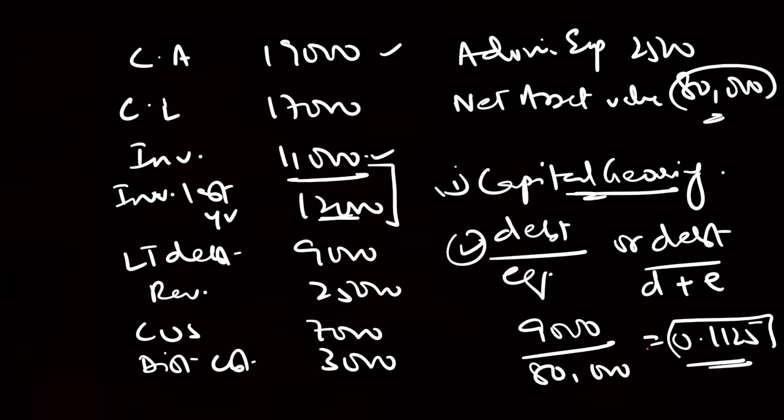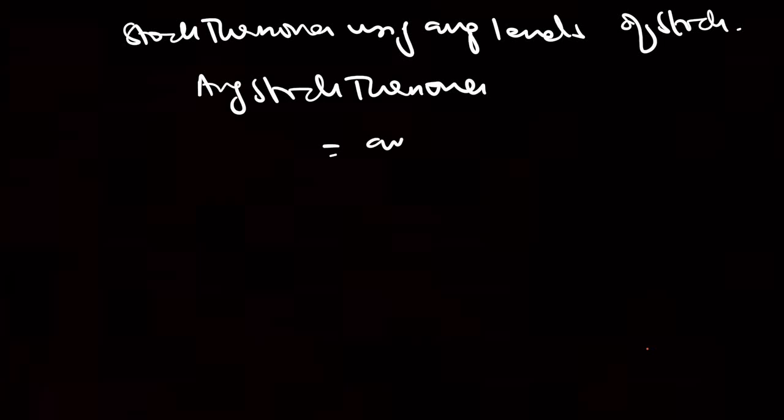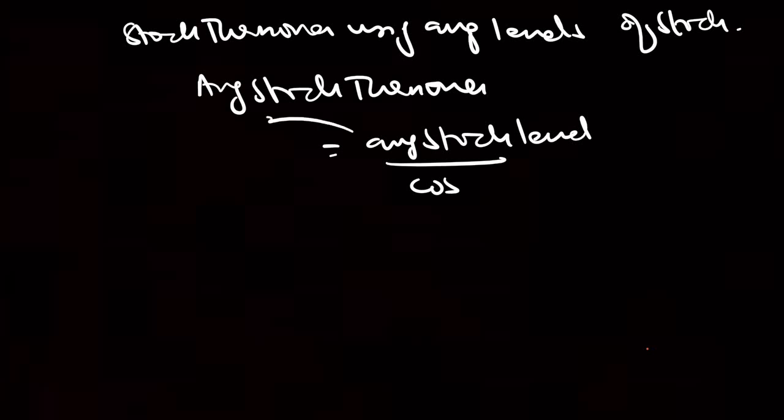And what's the formula of stock turnover? So the formula for average stock turnover in times is average stock level divided by cost of sales. Average stock level is opening plus closing stock divided by 2.